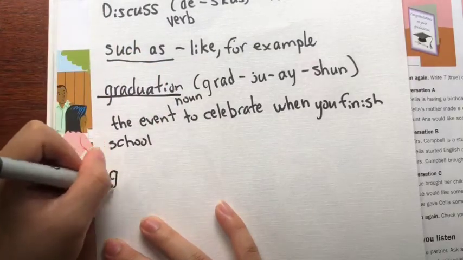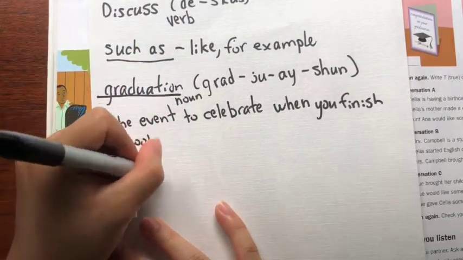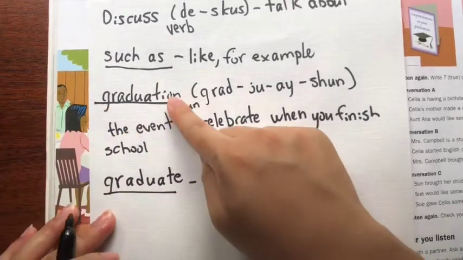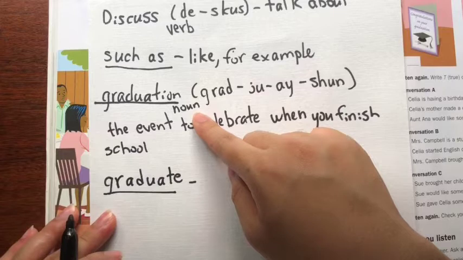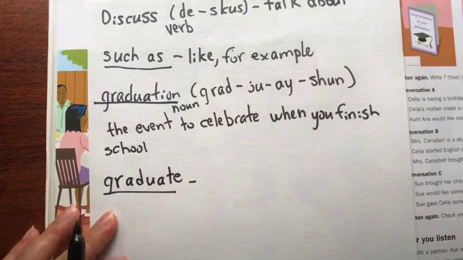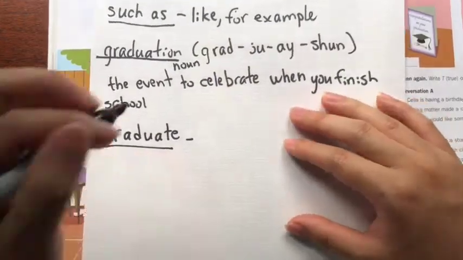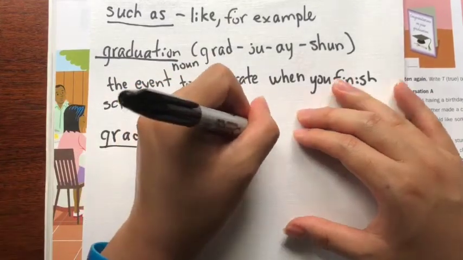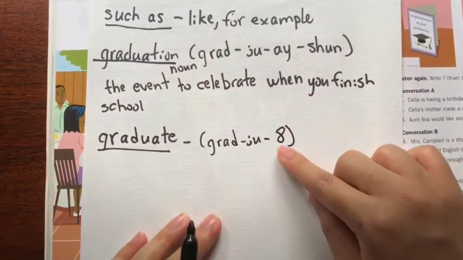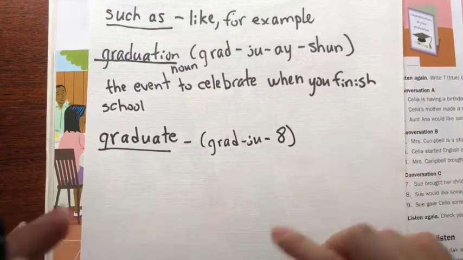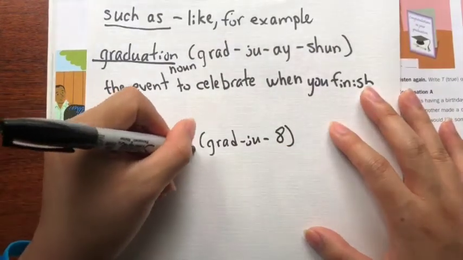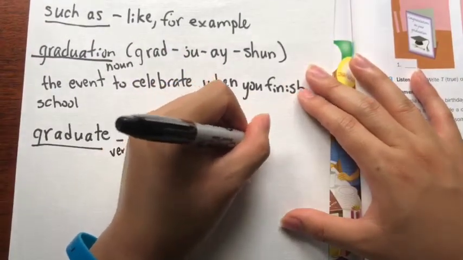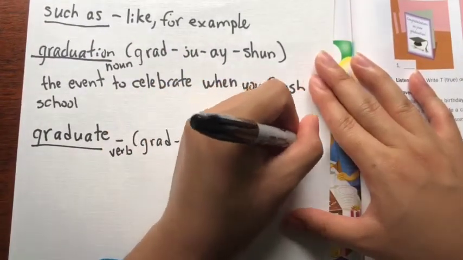Now the word graduate. So graduation is a noun. It's the event, the party. The word graduate is a verb. It's an action. It means to finish school.